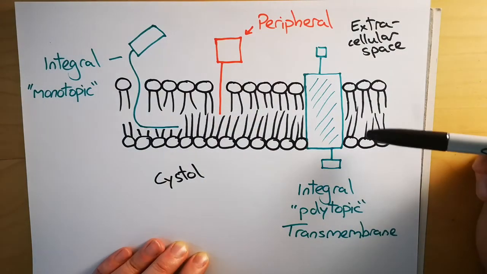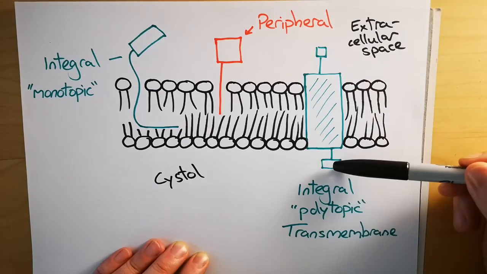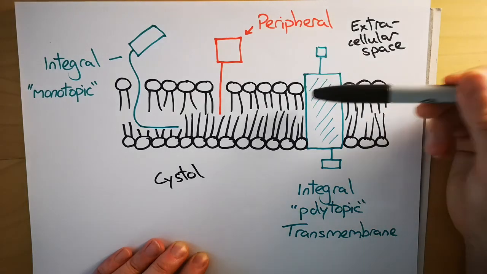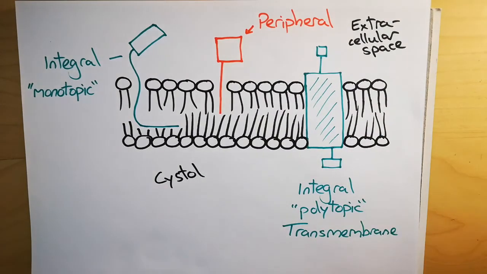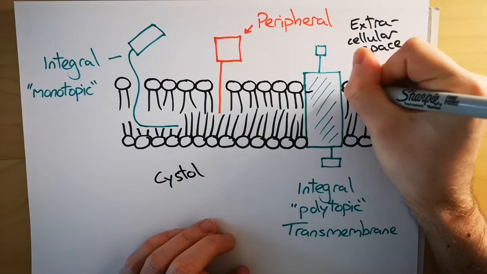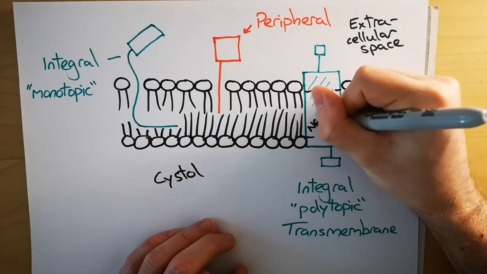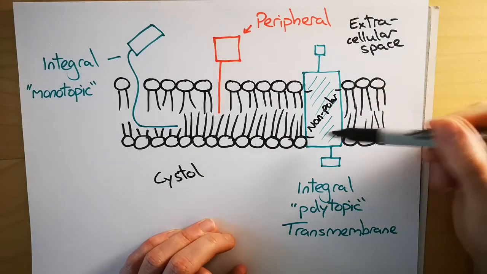Now, the other type of integral protein which goes straight through the bilayer, that's a transmembrane protein. So this protein, essentially the entire section from here to here is non-polar, and that is hydrophobic.